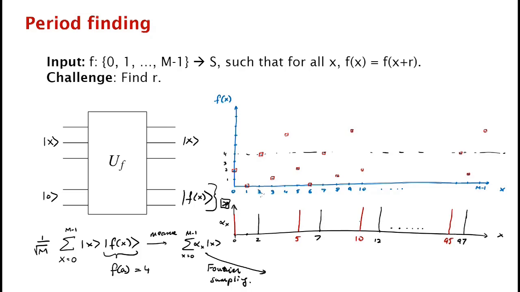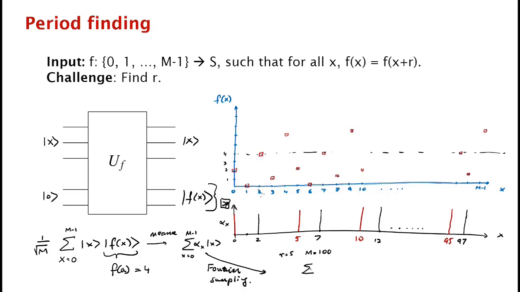Okay, so why is that good? Because now we have a periodic superposition where the non-zero amplitudes are exactly the multiples of the period. Let me write it, so R equal to 5, M equal to 100. And what's our superposition?